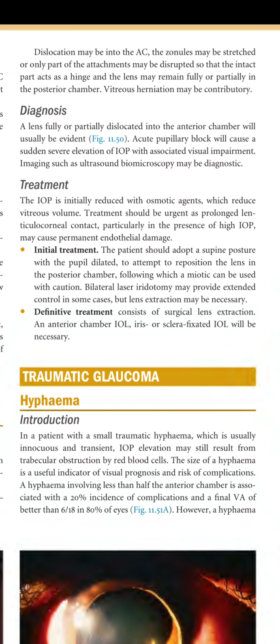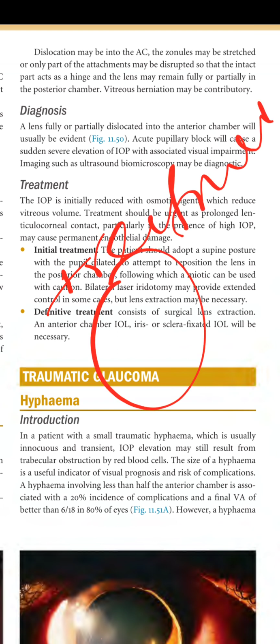Treatment should be urgent as prolonged lenticulo-corneal contact, particularly in the presence of high IOP, may cause permanent endothelial damage. So basically the treatment depends upon the location of the dislocated lens. If the lens is contacting the cornea, then the lens should be removed as soon as possible because it can cause permanent endothelial damage.